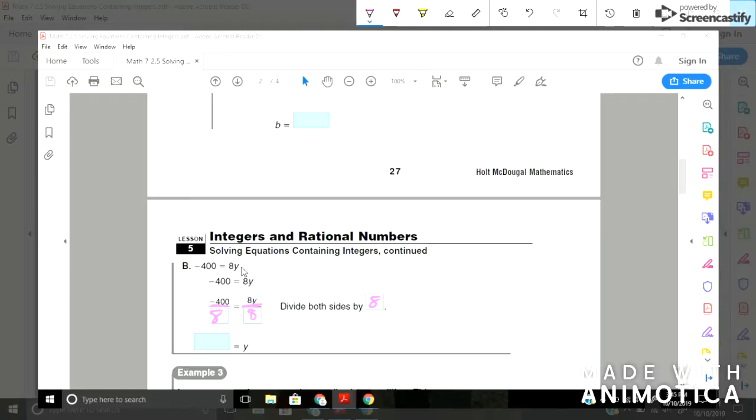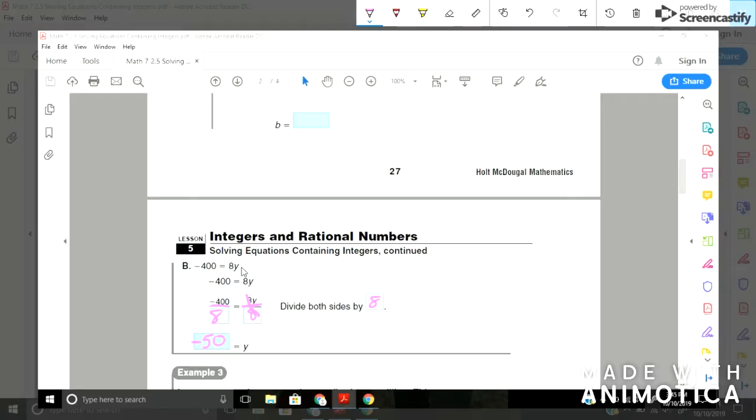8 divided by 8 is 1, 1y, perfect, equals negative 400 divided by 8. Okay, I have a negative divided by a positive, different signs. I'm going to have a negative answer. And 8 goes into 40 5 times, and add that 0 that is left, so negative 50.